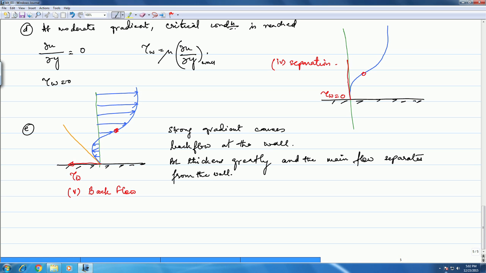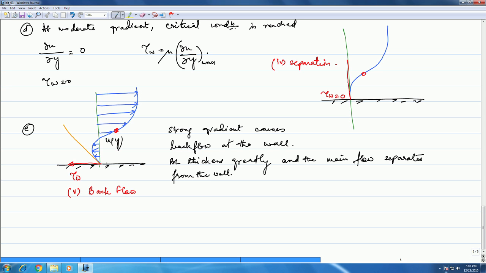Again, the velocity profile is what you see here in 5. This is the region of backflow, and this is your velocity profile again.